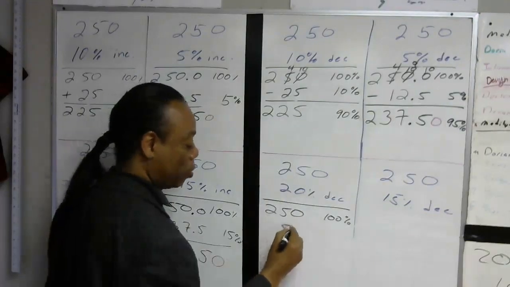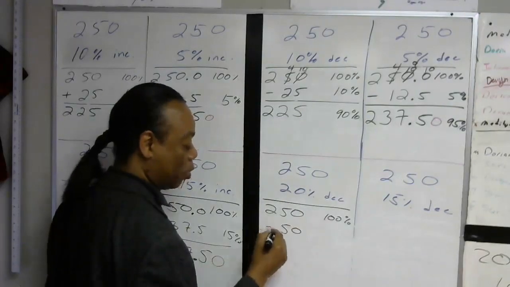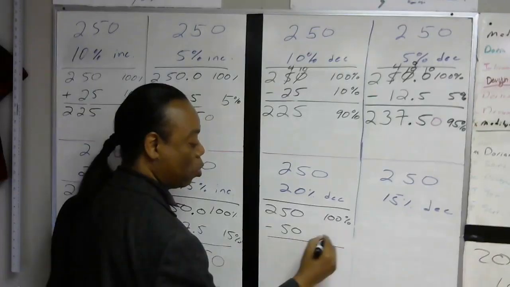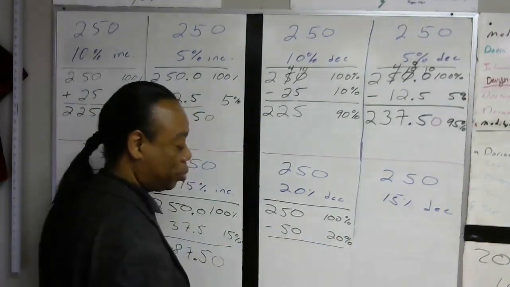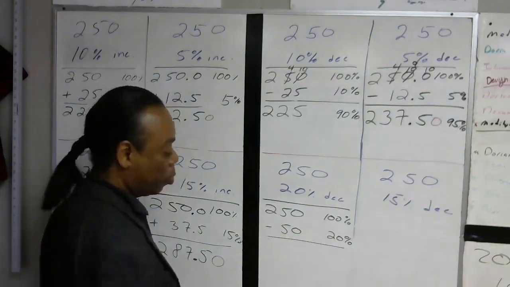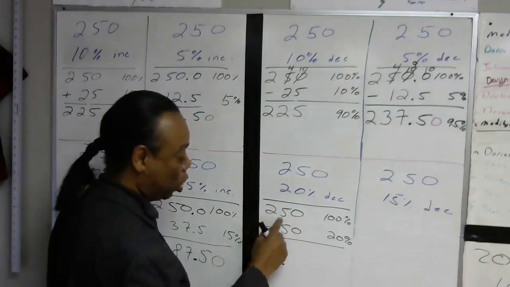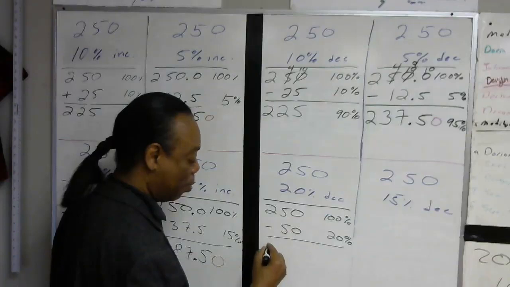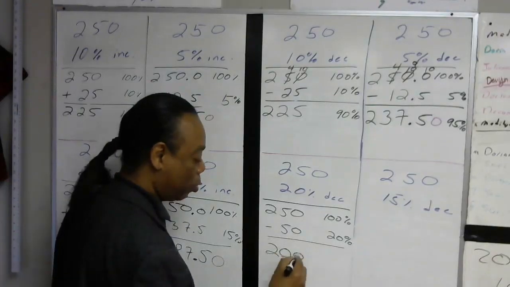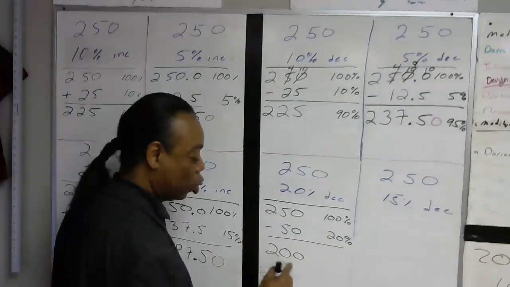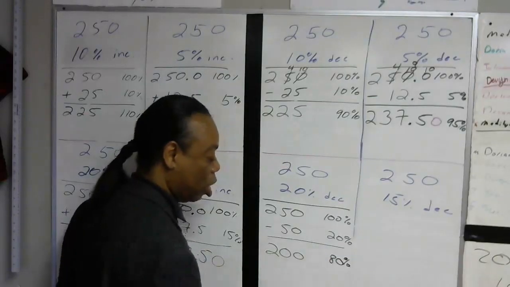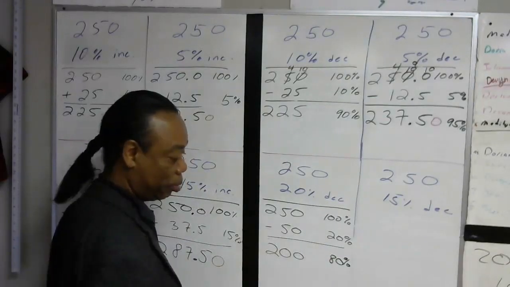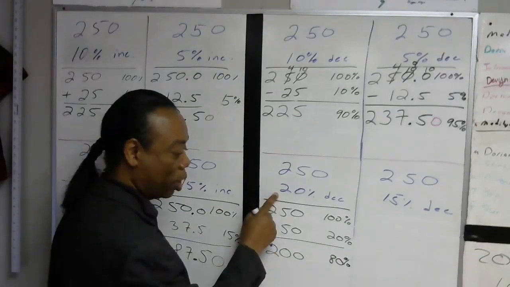So this will be 50. 50 represents 20% of the original. Okay. When I subtract these, 250 minus 50, I'm left with 200. And 200 represents 80% of the original, given we made a 20% decrease.